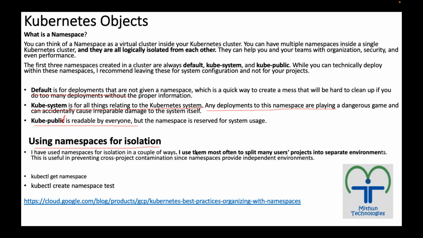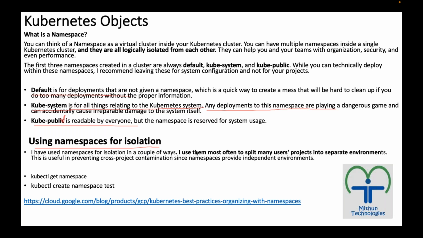Can I use these namespaces to split my projects, my teams, and applications into multiple namespaces? As I already told, a product inventory team is there, a payments team is there, an orders team is there. They are working on their own applications, microservices. Can I create a separate namespace for each team or each application and deploy those applications in the respective namespaces?